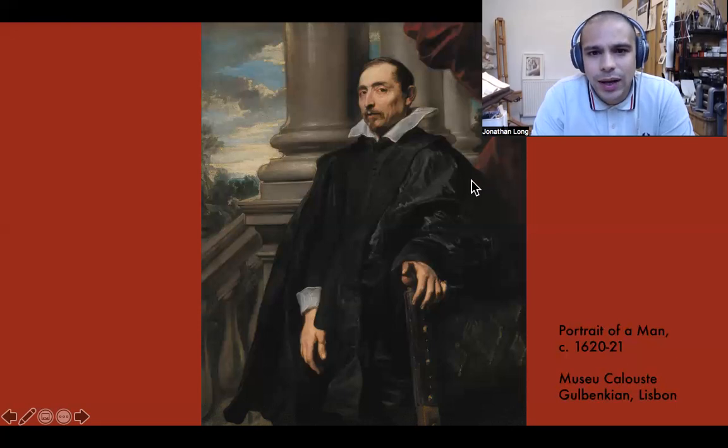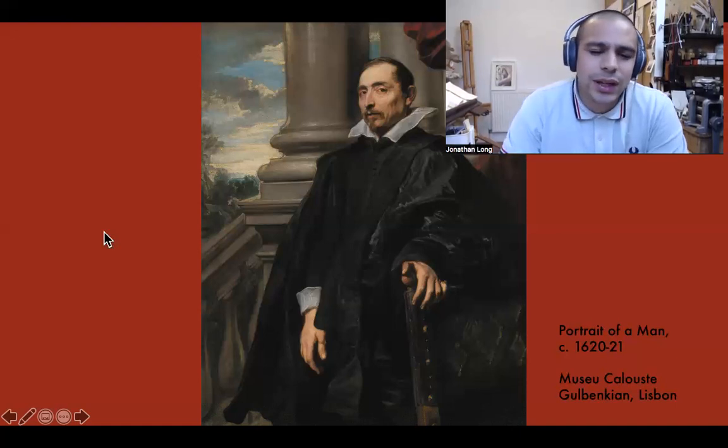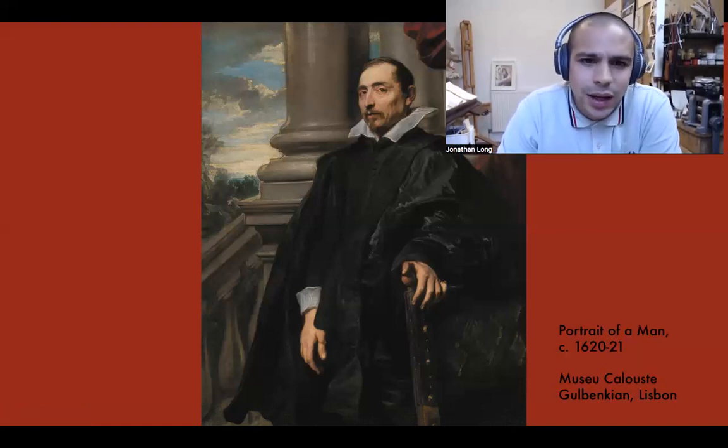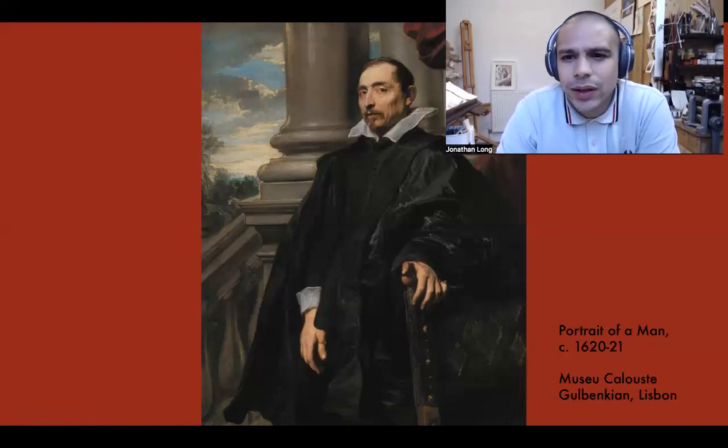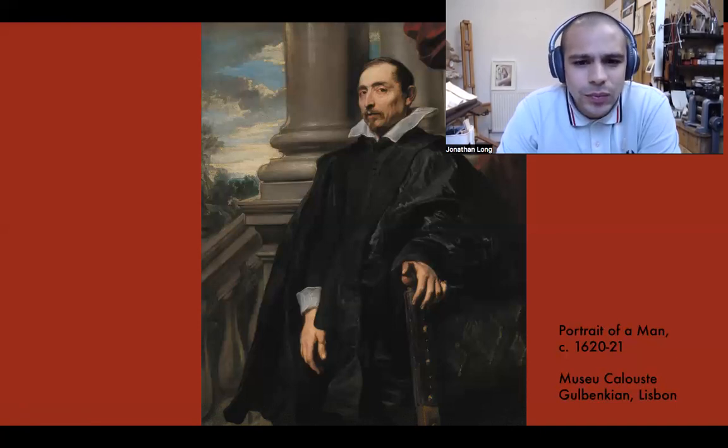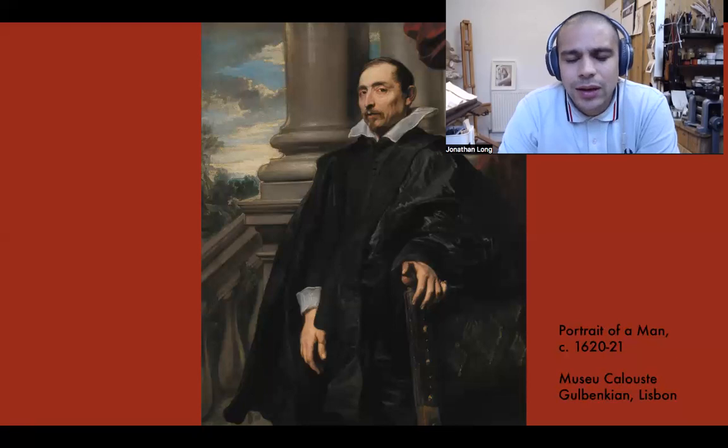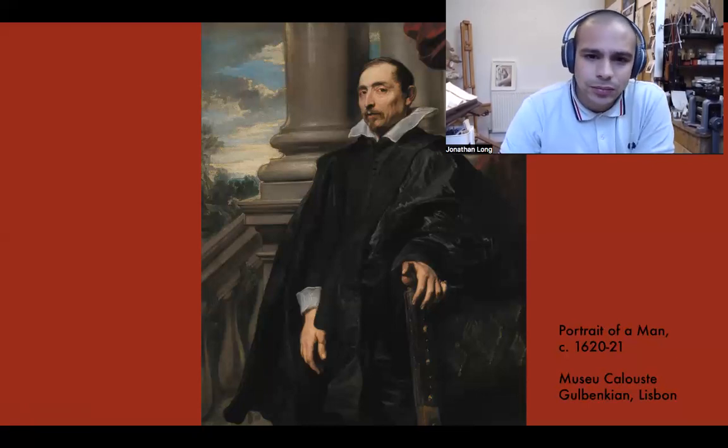He's occupying fairly grand surroundings with this classical architecture, these nice pillars. There is a beautiful landscape in the background, and last week when we looked at some of Van Dyck's portraits, you could see that he combined the portrait format with a landscape in the background. Classical architecture is something you see quite commonly in Van Dyck's portraiture.